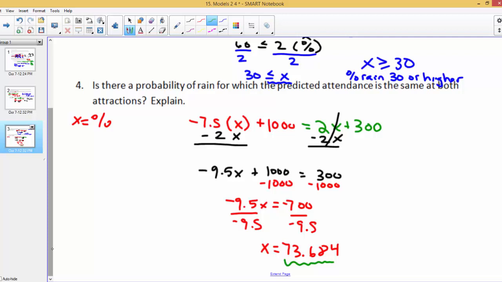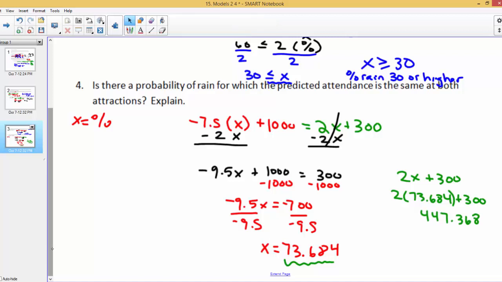And if you want to test to make sure you did that right, you can do your 2x plus 300, plug in 73.684, so 2 times 73.684 plus 300 is 447.368 people. And then if you plug it in with the other one, you have negative 7.5 times 73.684 plus 1,000.